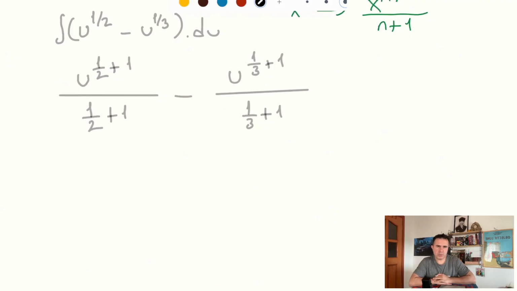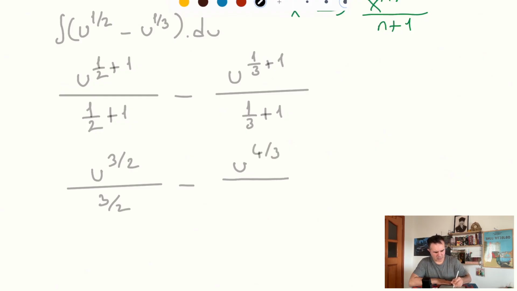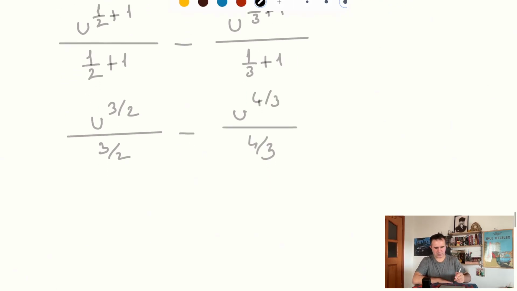1/2 plus 1 is 3/2. Then u to the power of 3/2 divided by 3/2, minus u to the power of 1/3 plus 1, which is 4/3, divided by 4/3.